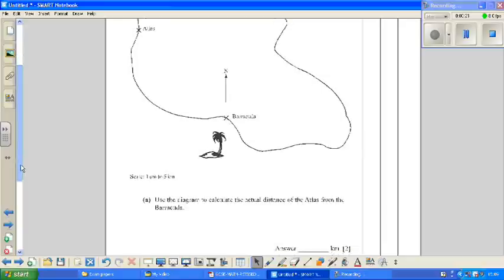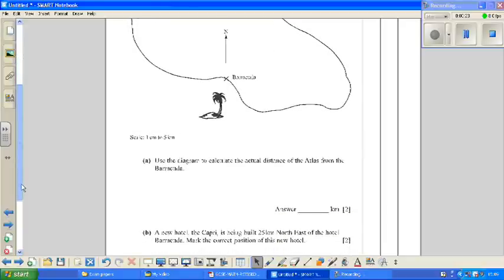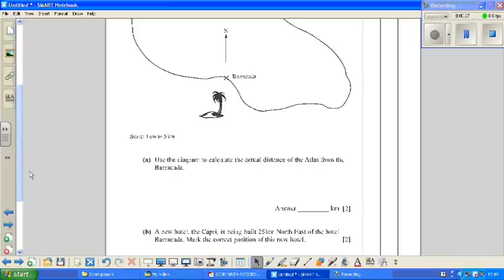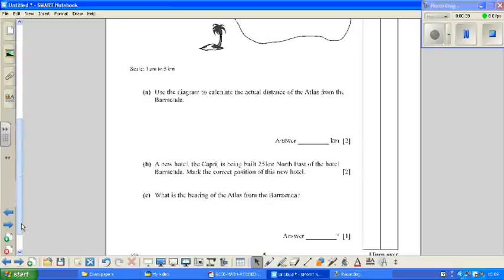So just scrolling down, you have to calculate the actual distance of the Atlas from the Barracuda, and you need to notice here that there's a scale of 1 centimeter on the map is 5 kilometers on the ground. And then the next bit is to mark the position of a new hotel, which is to the northeast of the Hotel Barracuda, and it's at a distance of 25 kilometers.